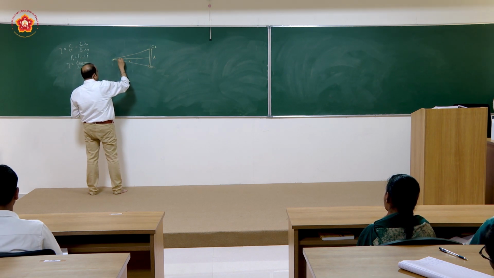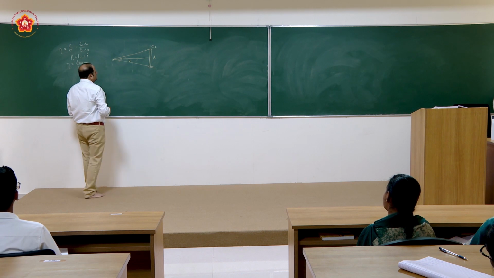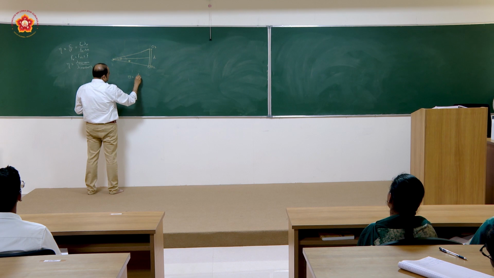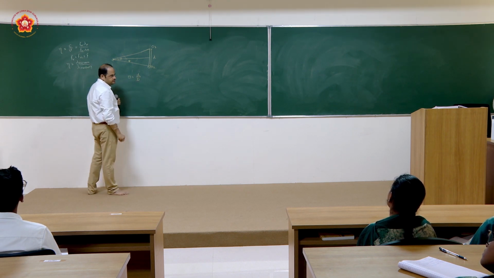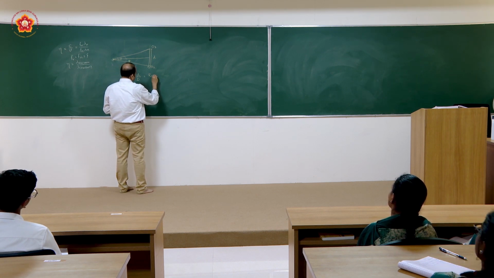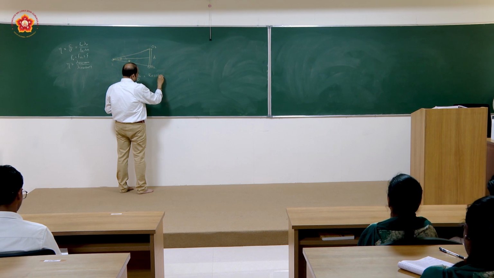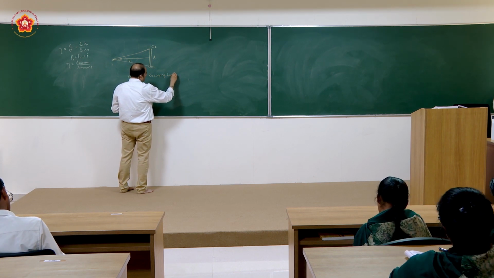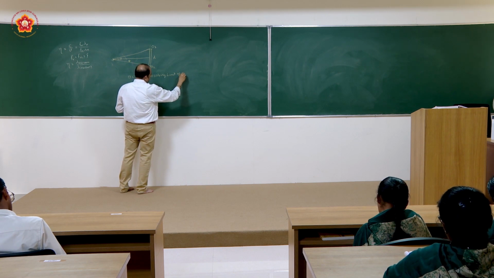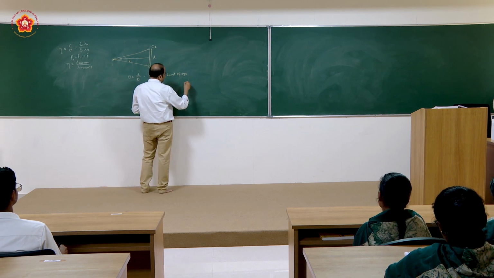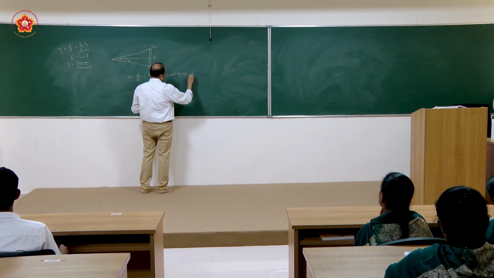Then this angle is taken as theta, that will be defined as opposite side upon capital D. This theta is called the resolving limit of the eye. Resolving limit, and resolving limit of the eye is 1 minute.